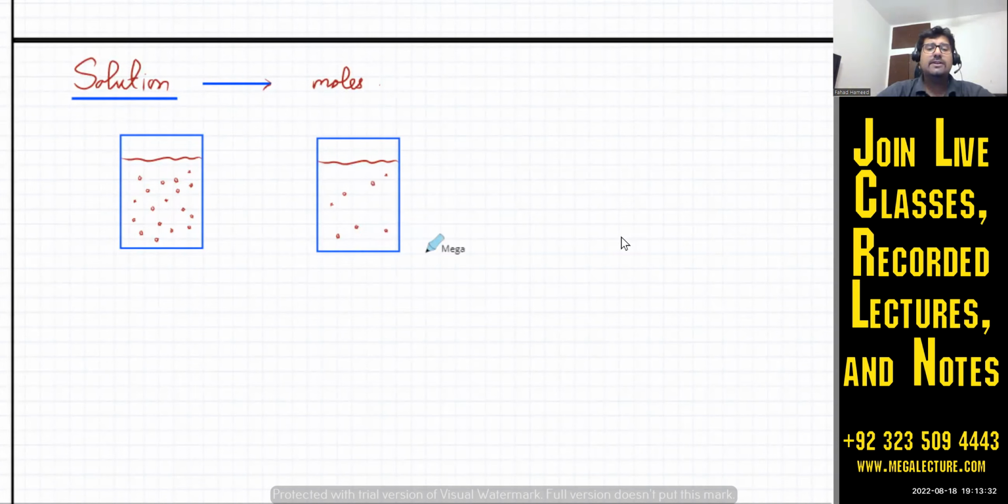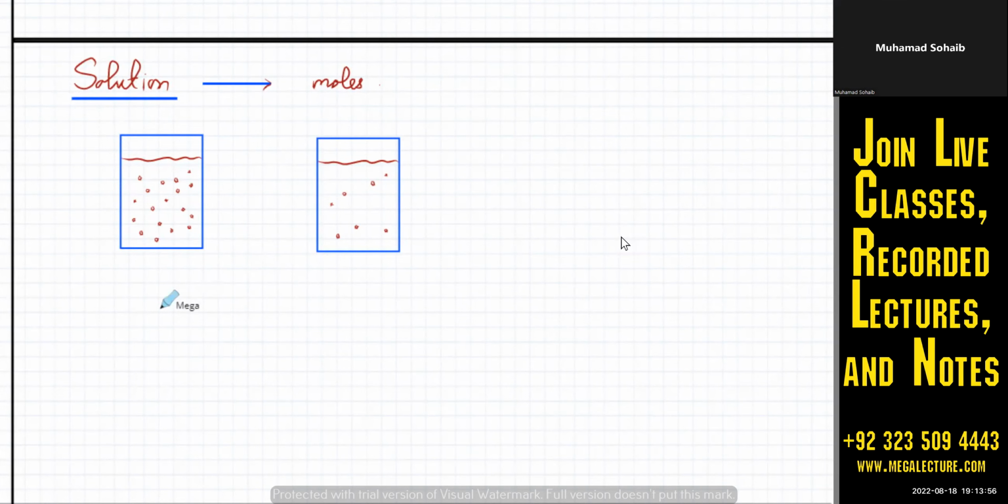Now quickly tell me which of these two sugar solutions is more concentrated and which one is less concentrated? If you know what concentrated is, which one is dilute or less concentrated?